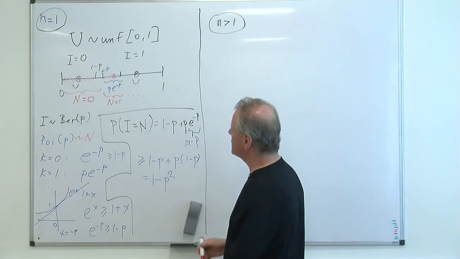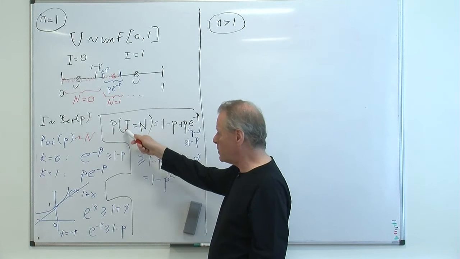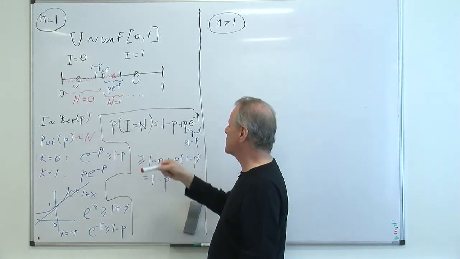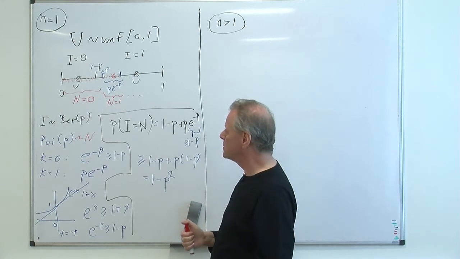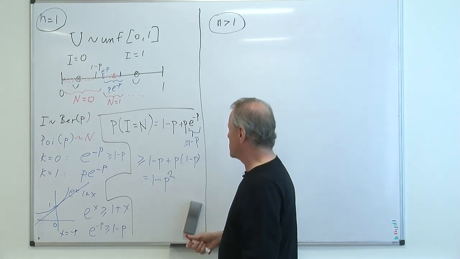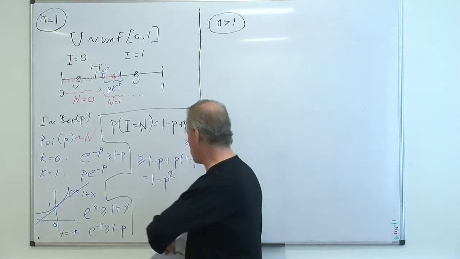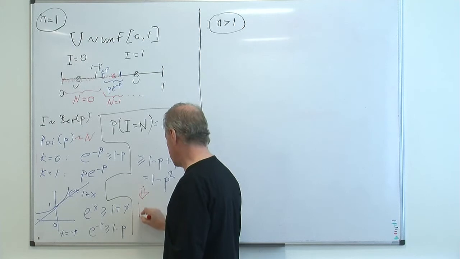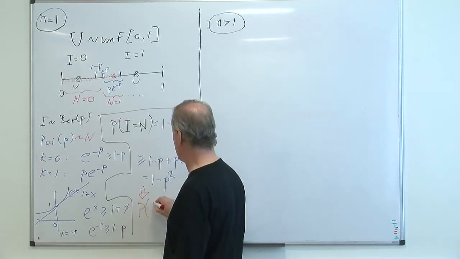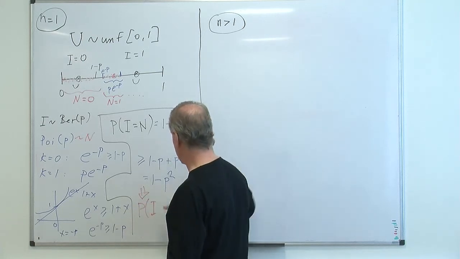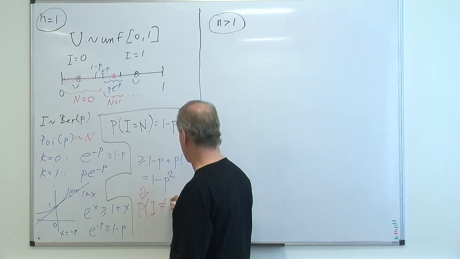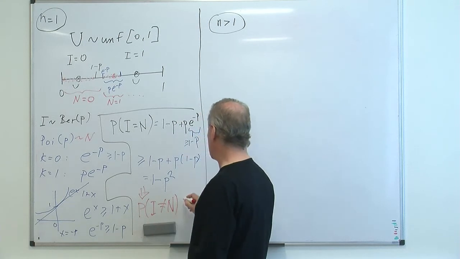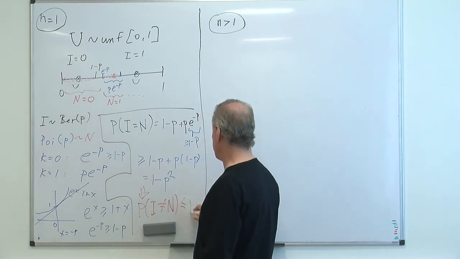Okay, so the probability that the binomial 1, p is identical to the Poisson p is no less than this, and the probability that they are different, that they differ, is less than or equal to p squared.